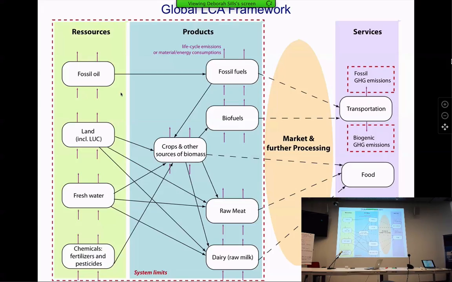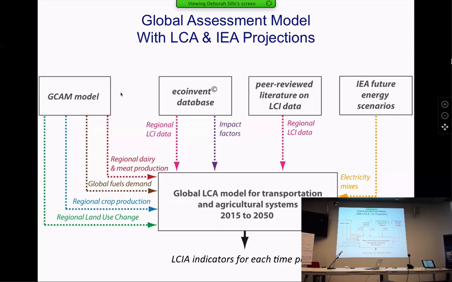We'll just mention some stuff we're working on right now. We're looking at this global LCA framework for algae still, because we just got more funding for algae. So we're using a global assessment model called GCAM, a partial equilibrium economic model, and then we've created an LCA wrapper.